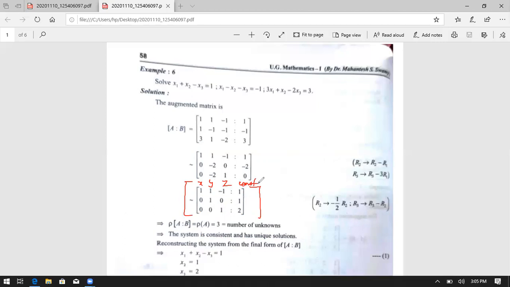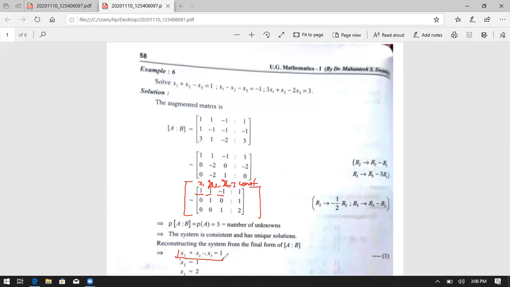In this problem, we take X1, X2, X3 and the constant. Next you write here 1x1, 1x2, next minus 1, that's why I write minus x3 is equal to constant 1.